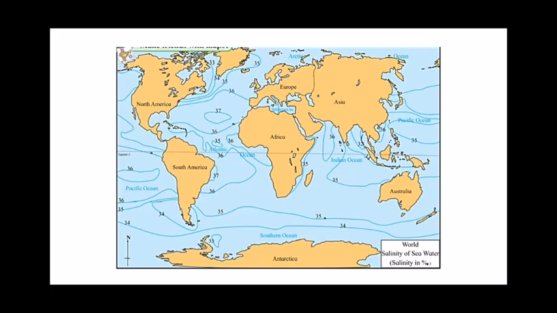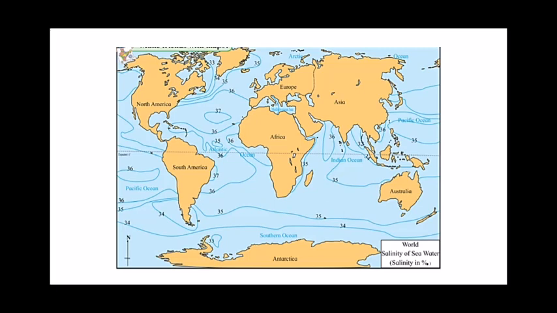First question: what is the salinity around the tropics? What are the tropics? Tropics are the regions just beside the equator, this middle part. So what is the salinity according to the map around the tropics?